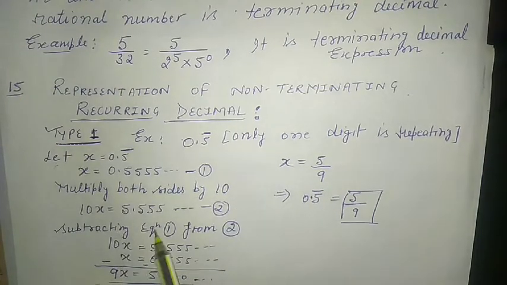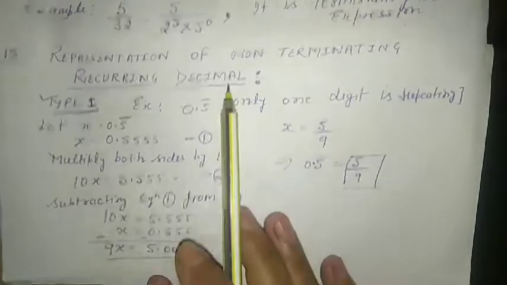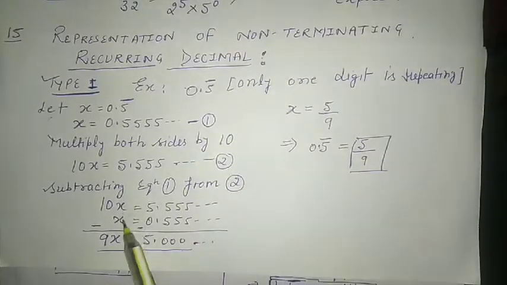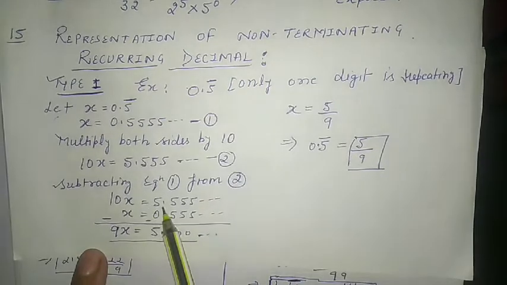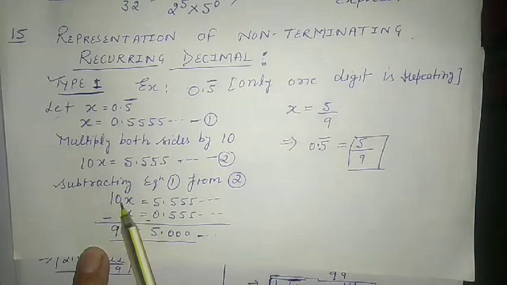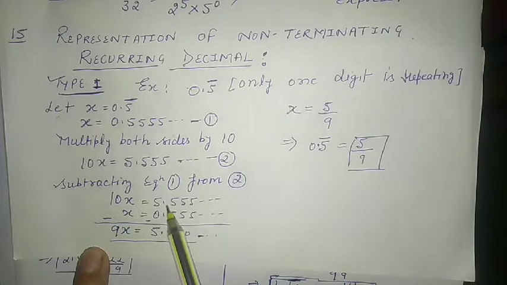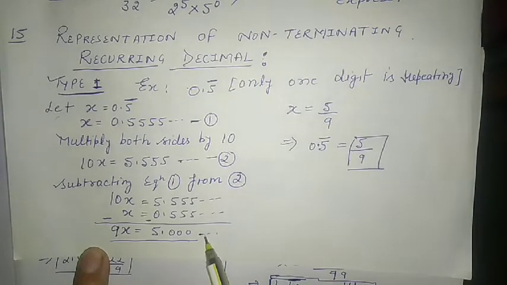Now subtracting equation 1 from 2. 10x is equal to 5.555, x is equal to 0.555 and so on. When we subtract 10x minus 1x, that is 9x, 5 as it is, and after the decimal all will be zeros.